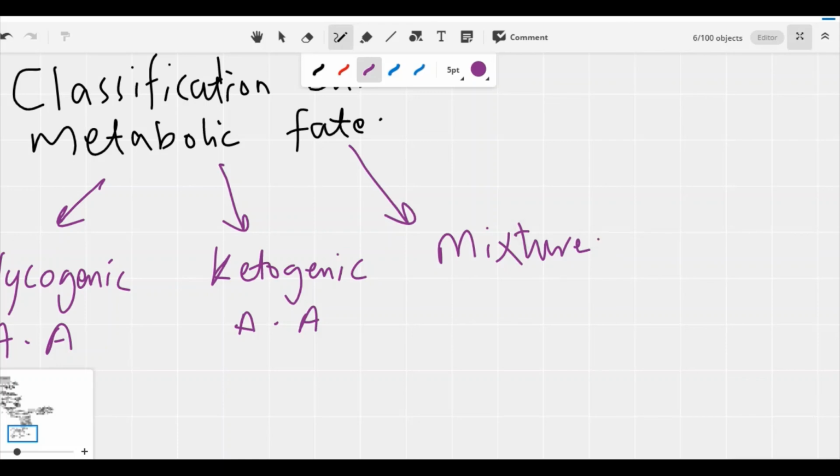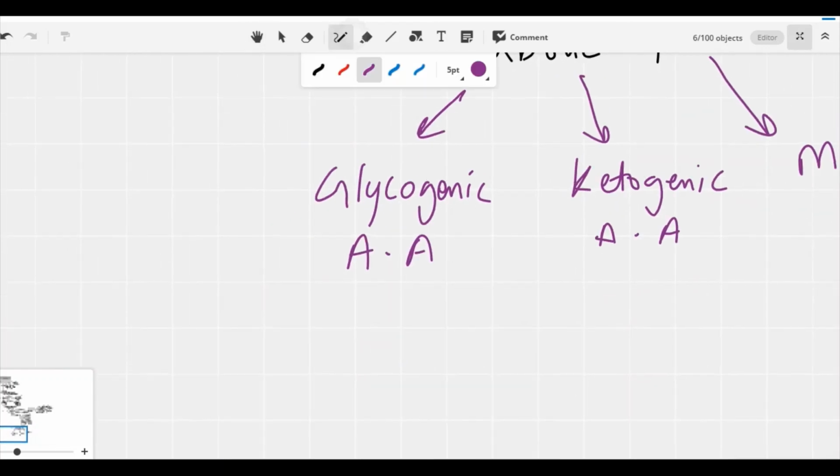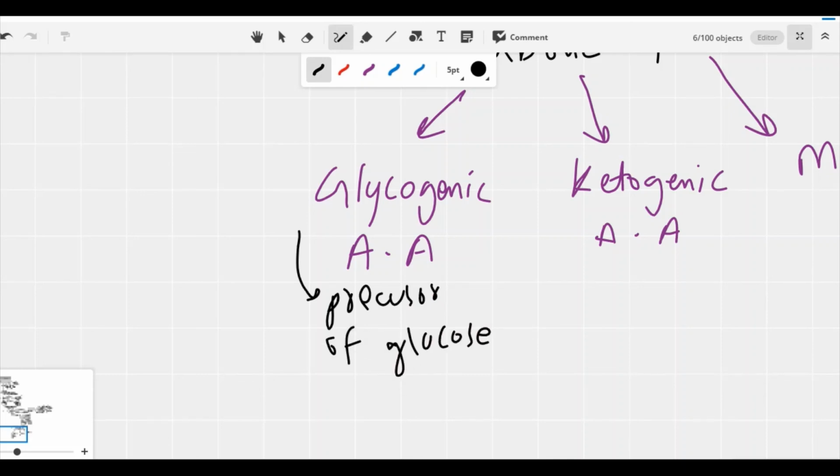Okay, first of all, the glycogenic amino acids are the precursors for the formation of glucose or glycogen. Here I am going to write the code word, AAGM: A means alanine and aspartate, G glycine, and M methionine.